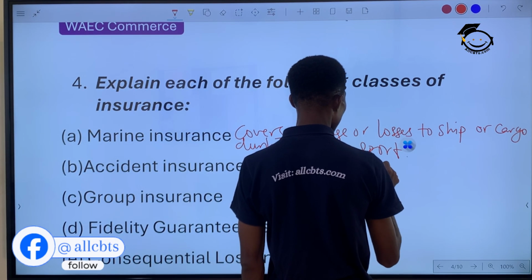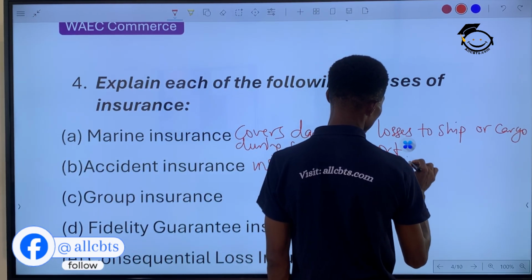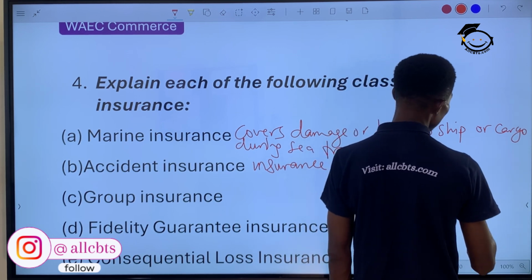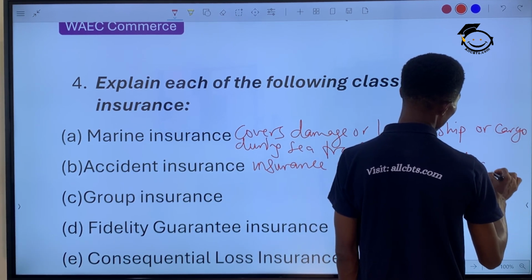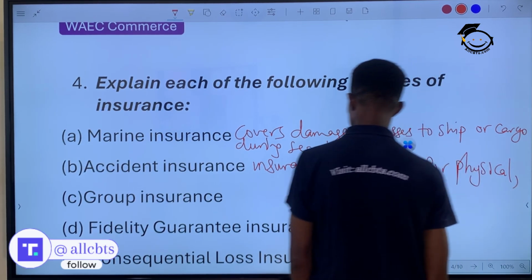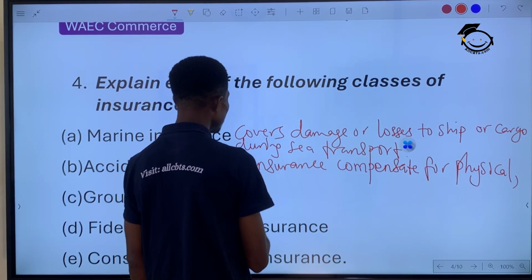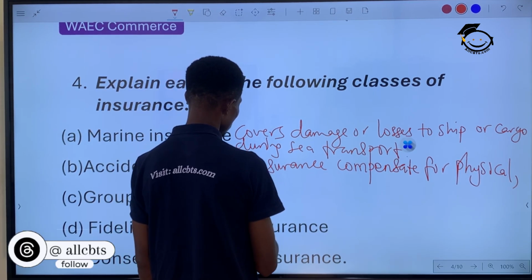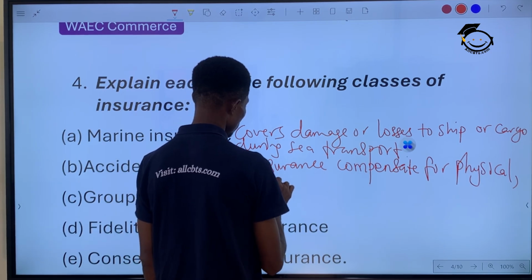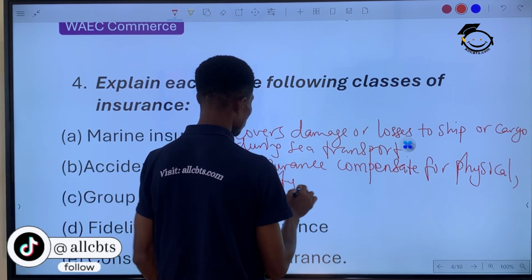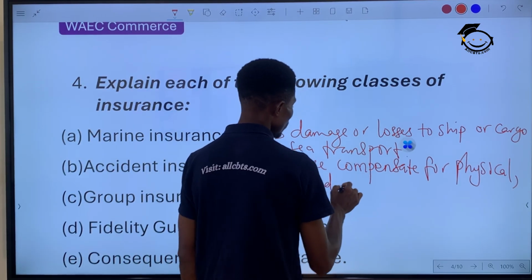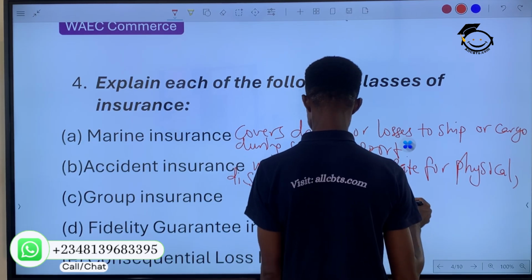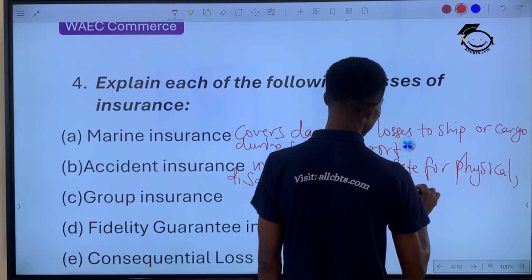Insurance compensates for physical injury, disability, and deaths during accidents.